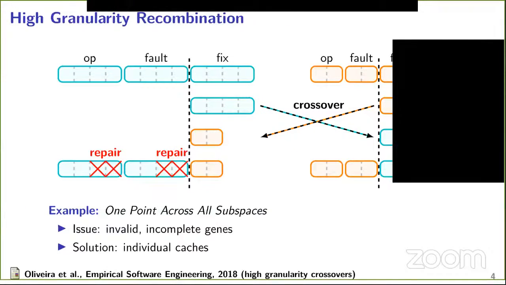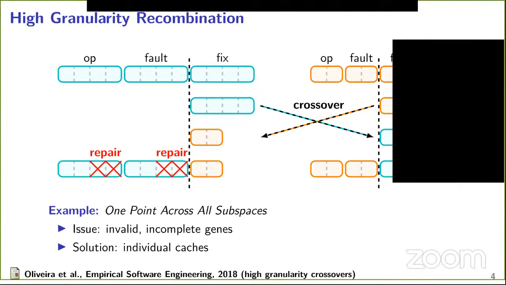So let's have an example of high granularity recombination. We have 2 individuals. On the left, an edit sequence with 4 edits, so triplets in which all 3 lists are of size 4. And on the right, an individual with only 2 edits.